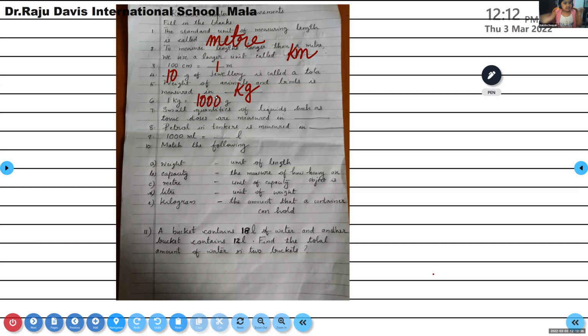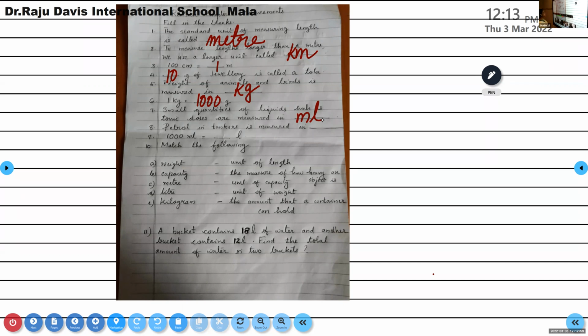Yes, correct. 5 ml of syrup or 5 ml of tonic, 2.5 ml. ml means milliliter. Small quantities we measure in milliliter for capacity.